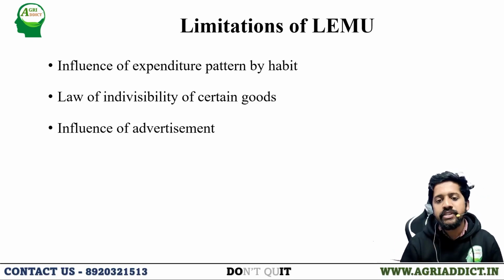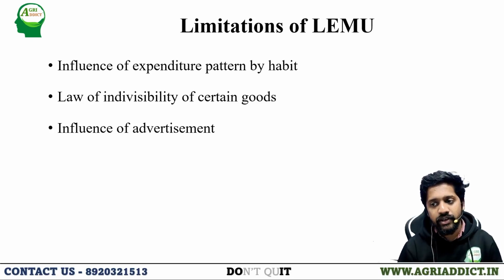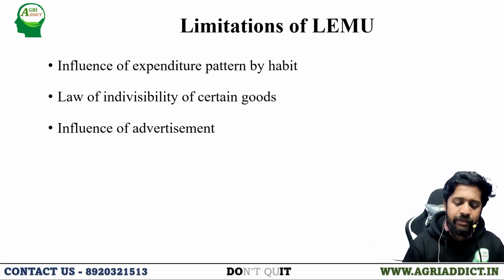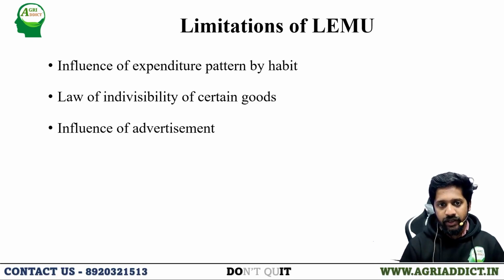By habit I was habituated to this pattern, and that influence will be an exception for this law. So the patterns or habits that we follow can influence the proper working of this law of equimarginal utility.